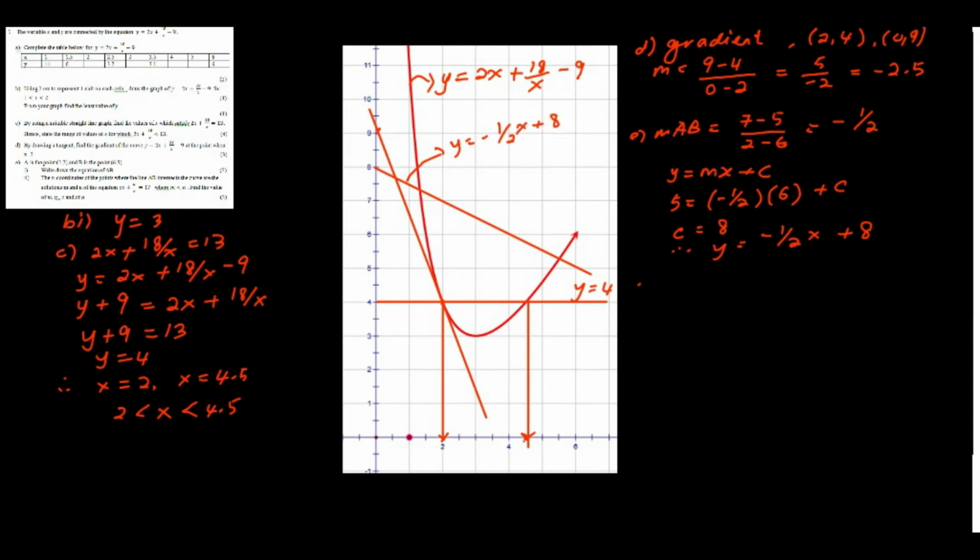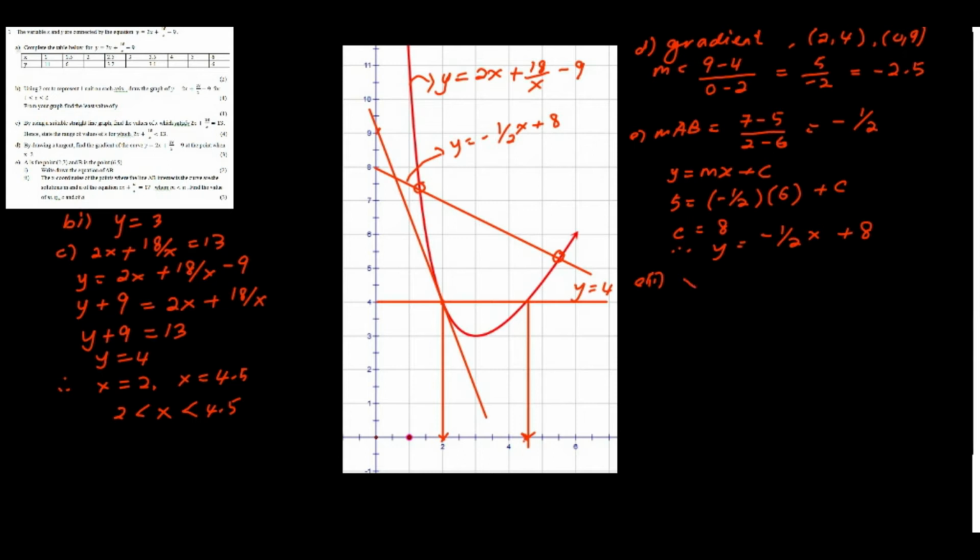Remember, the question states the x coordinates of the points where the line AB intersects the curve are the solutions m and n. So for this question E2, when you read the value here, this is where the graphs intersect.